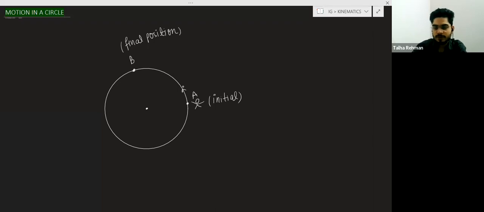Now here the concepts of straight line motion, like displacement and velocity, will be used also, and I have told you properly what displacement and velocity are. So basically this person started the motion from this point and finally this person is at point B.